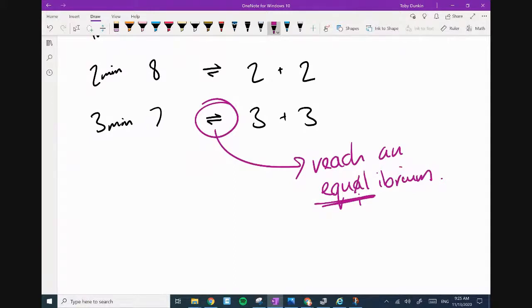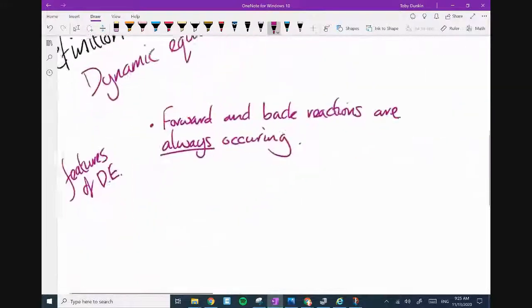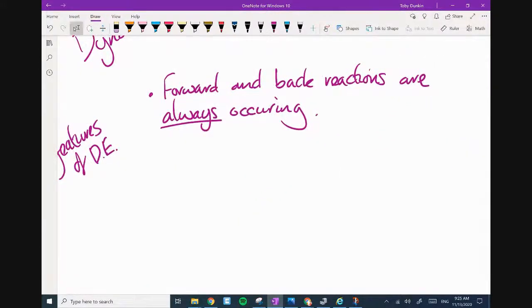It's telling us the second feature of a dynamic equilibrium. The first feature is that the forward and back reactions are always occurring. They never stop.